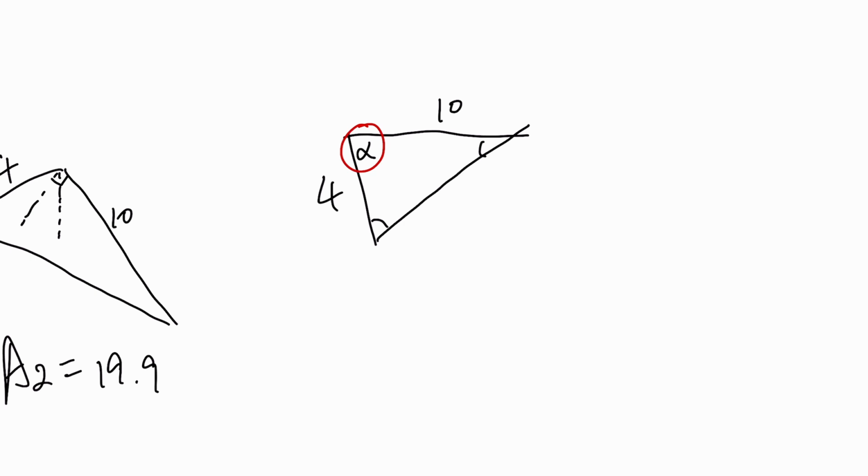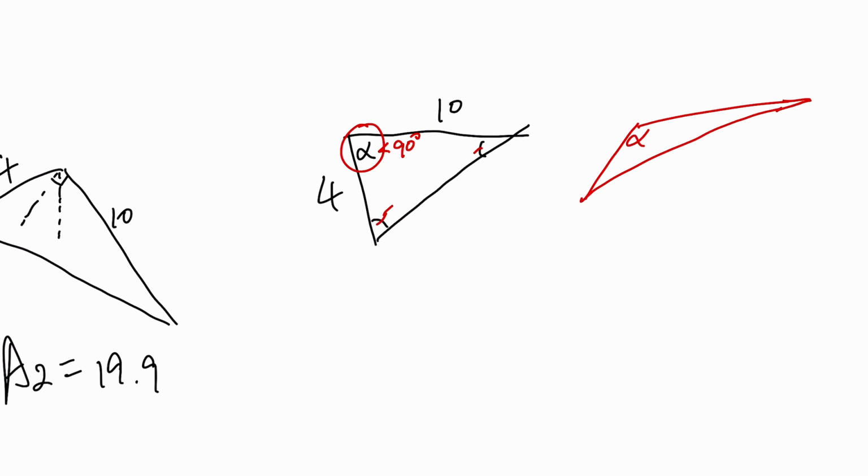If alpha is greater than 90 degrees, that is always going to create an obtuse triangle, as long as it is within 180 degrees, of course. So alpha is less than 90 degrees right now, and for these two to be less than 90 degrees.